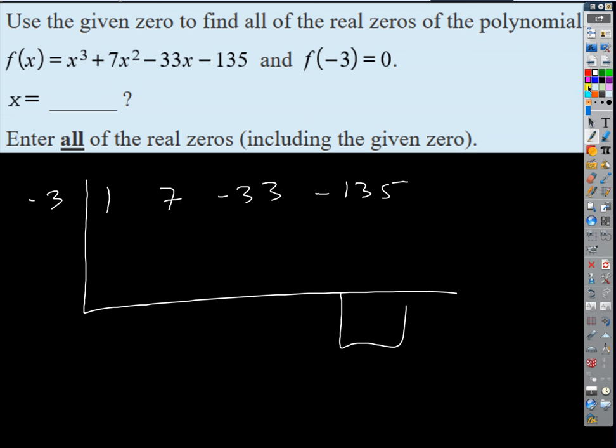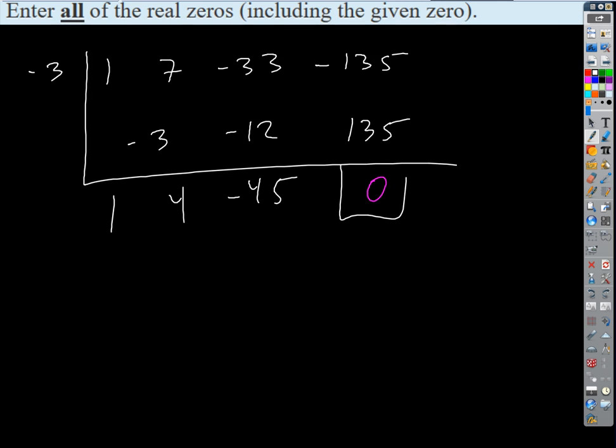I already know I'm getting a 0 there. If I don't, I did something wrong. I divide it out. So 1 times negative 3 is negative 3. It gives me a 4 times negative 3 is negative 12. So what's that? Negative 45, 135.